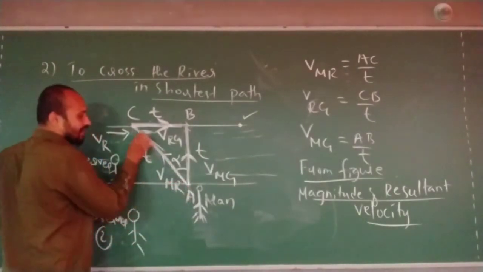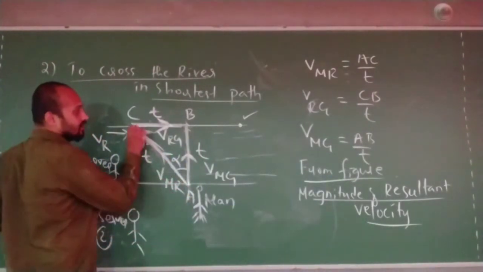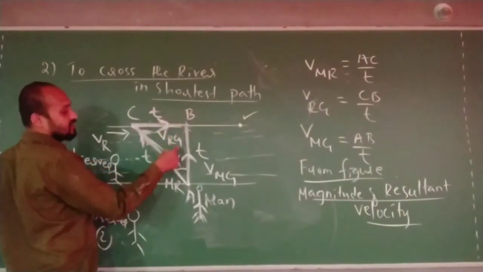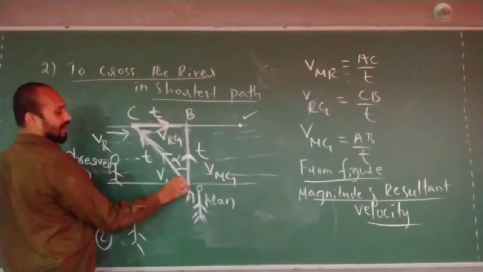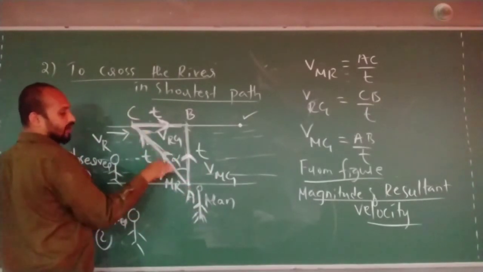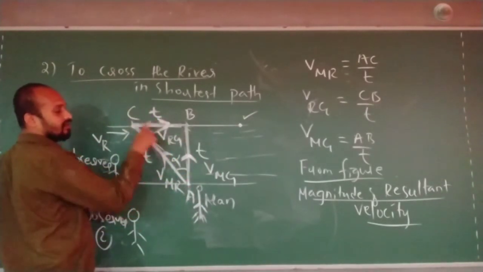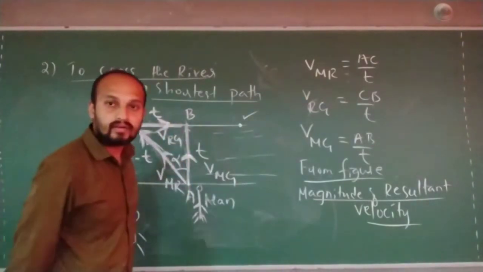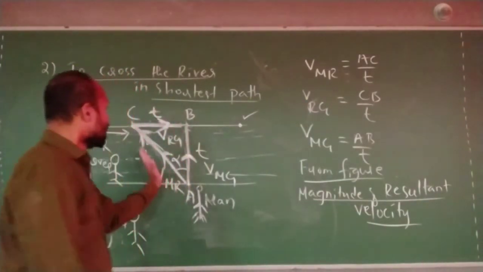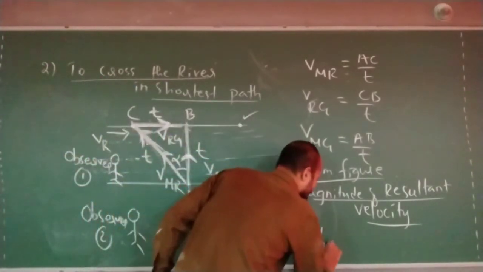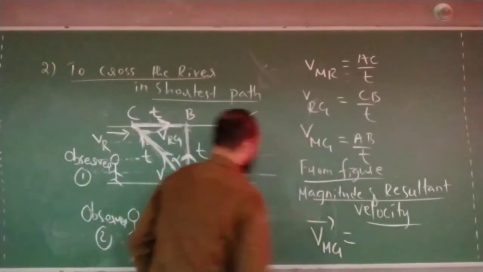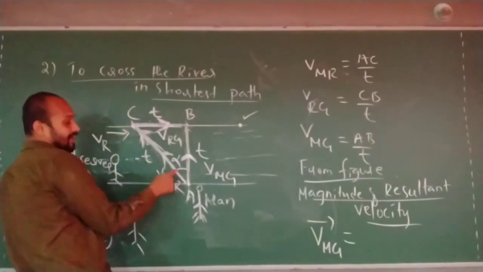This is vector 1, VMR. This is vector VRG. So the addition of vectors, look at this. This is one vector, this is another vector. Resultant of these two vectors will be this vector. Yes or no? So addition of this vector plus this vector, vector MG, will be equal to the resultant of these two vectors.